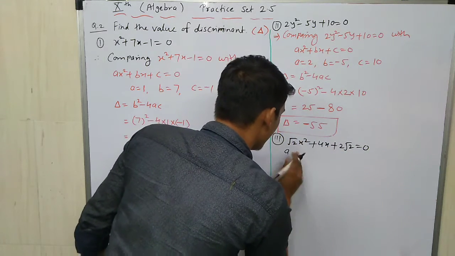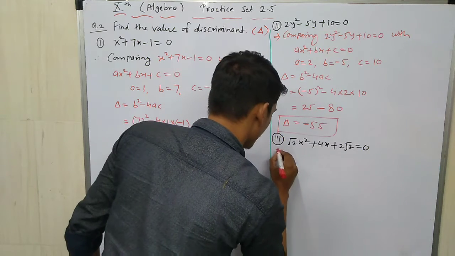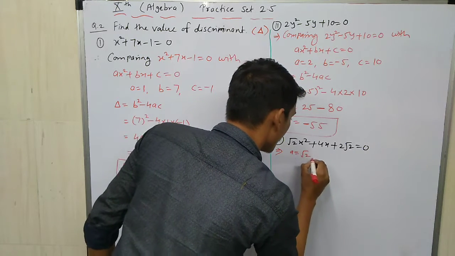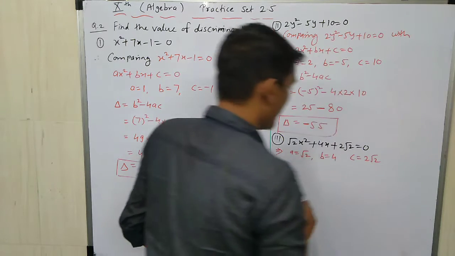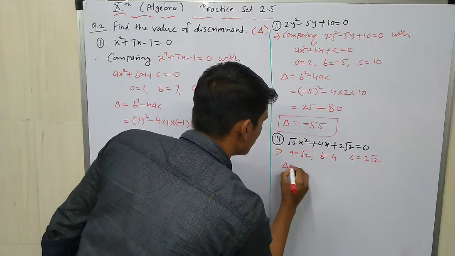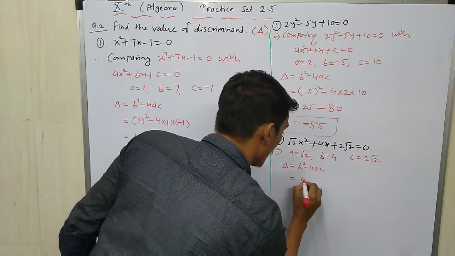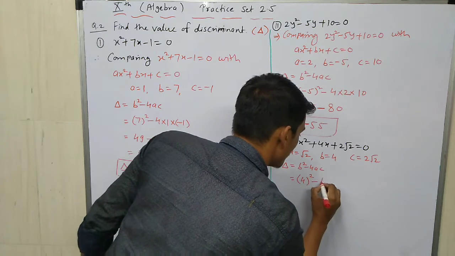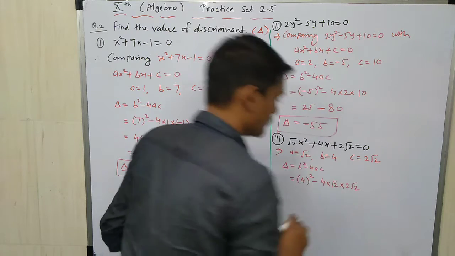Now the value of a is root 2, b is equal to 4 and c is equal to 2 root 2. Now put delta is equal to b square minus 4ac, which is 4 whole square minus 4 into a value, root 2, into 2 root 2.